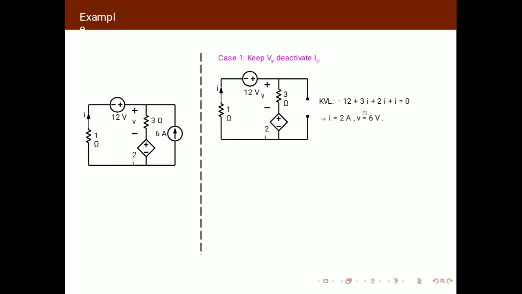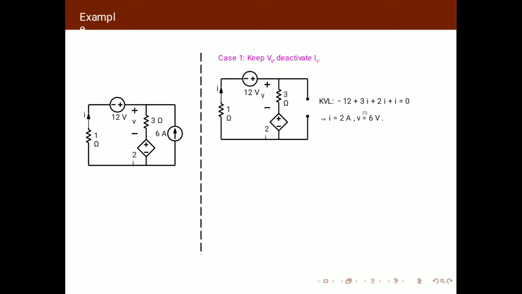Where is the 6 volts? At the 3 ohms, we get 6 volts. So that is the voltage V. Here voltage V across the 3 ohms is 6 volts in case 1. In case 1, keep Vs as it is and deactivate the Is, which means it is open circuited.